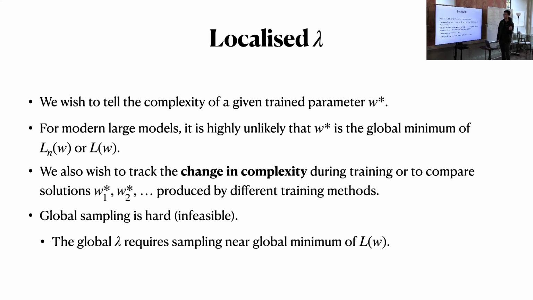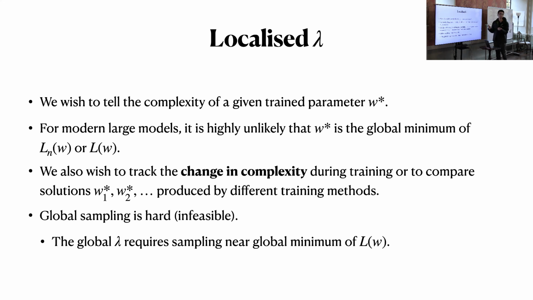For modern large models, another reason we care about a local notion is that we are quite unlikely to be at a global minimum of either Ln or L, right?